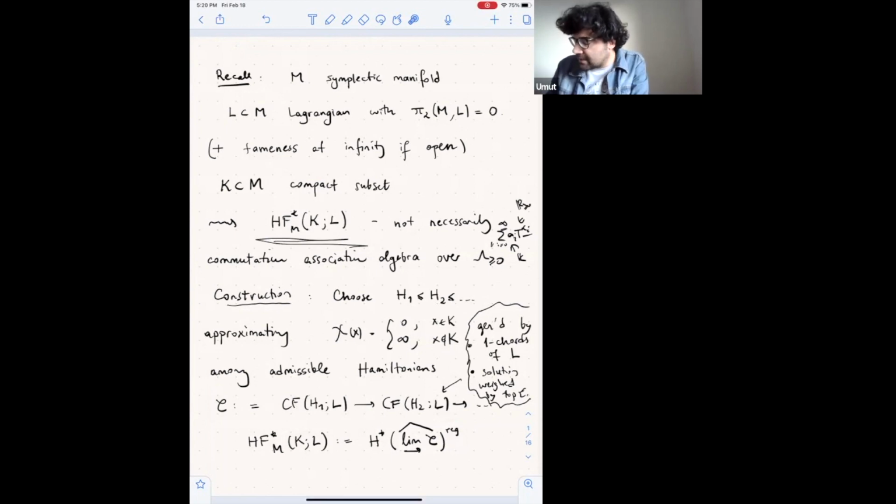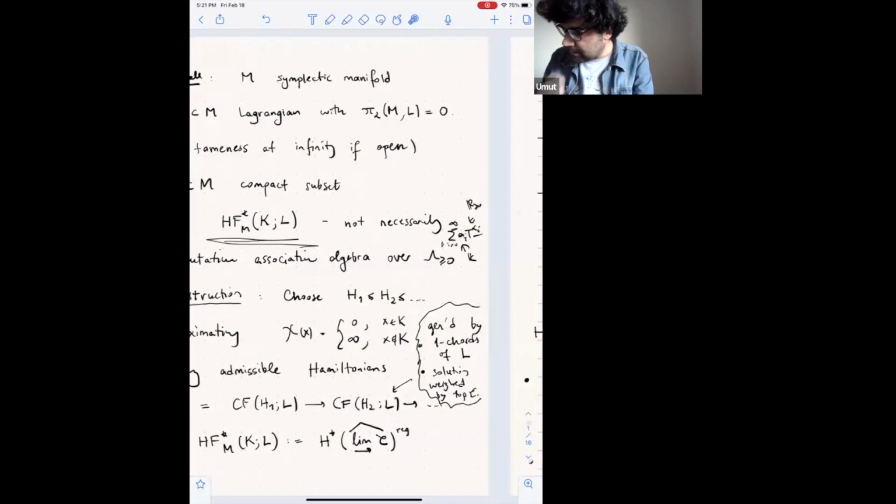I will not say what this is, but I will show what it does in an example. Then you take the homology of this complex. As I described it, it's just a graded module over the Novikov ring, but you can also naturally equip it with an algebra structure by counting pairs of pants, the open string version. Okay, so this is the invariant.